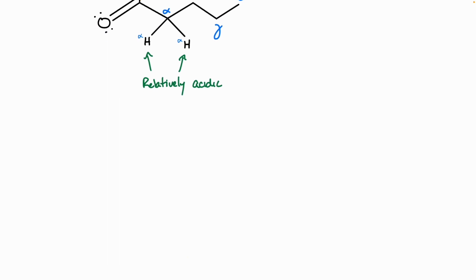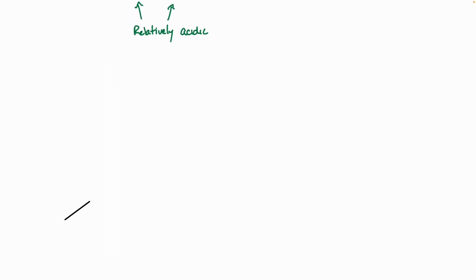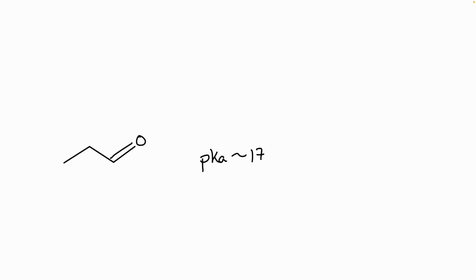So what do I mean by relatively acidic? For example, an aldehyde, its alpha carbons tend to have a pKa of around 17. Ketones tend to be a little bit higher, around 19.